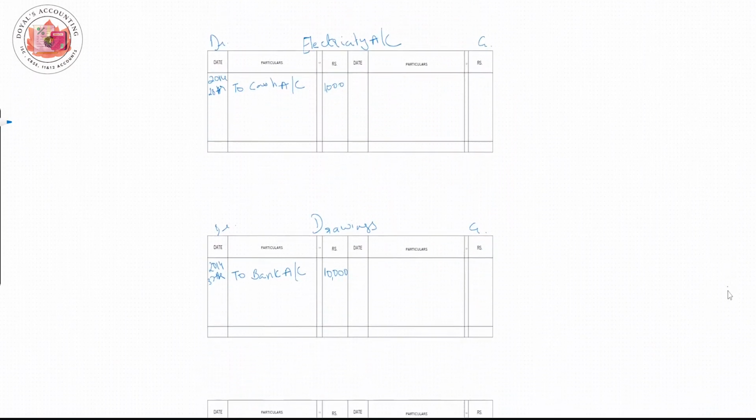So I will open one now. Debit sales return account. Right. So sales return will have a debit balance. 2014 30th April to sundries as per sales return book, rupees 20,000.